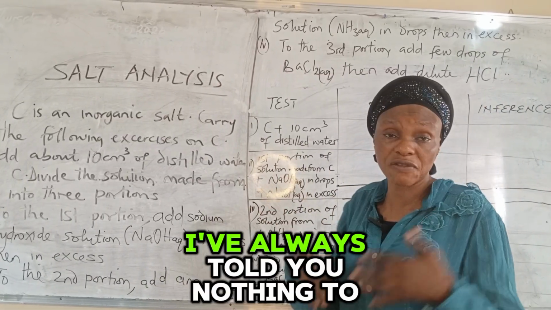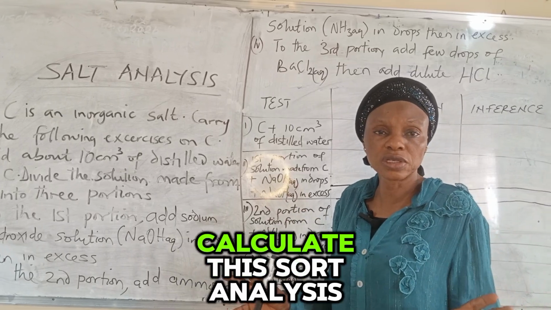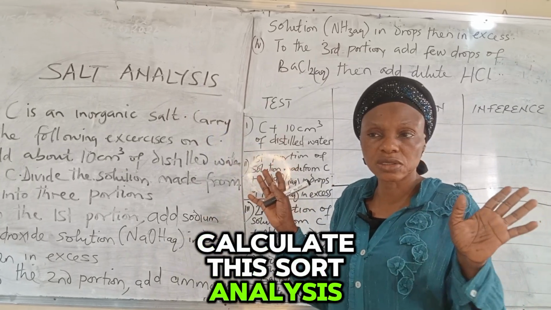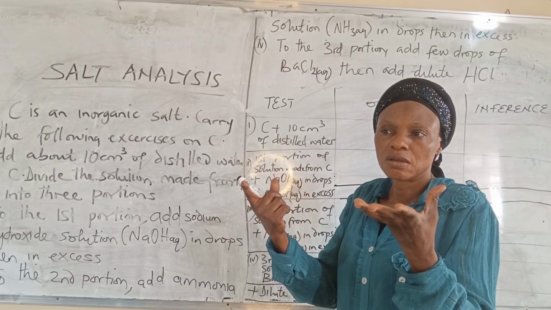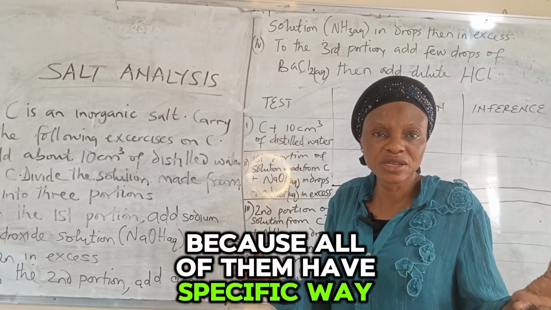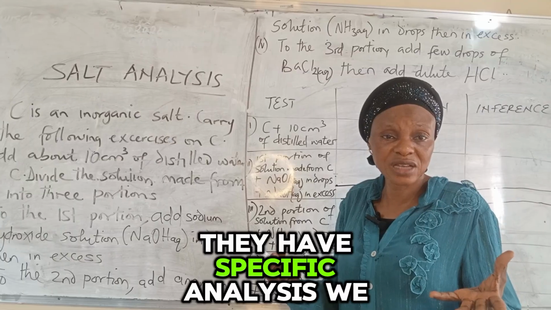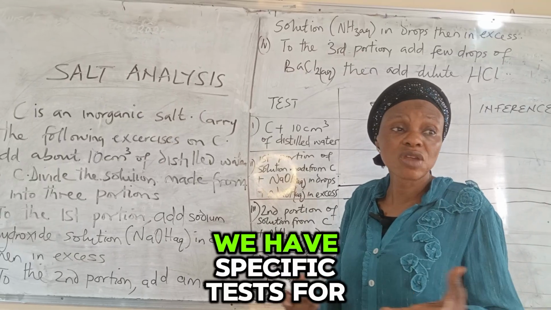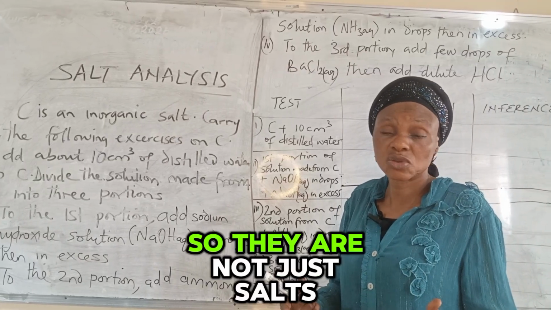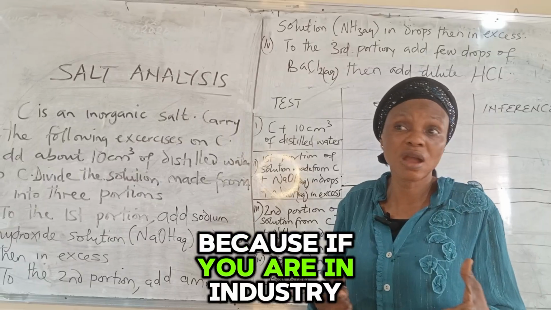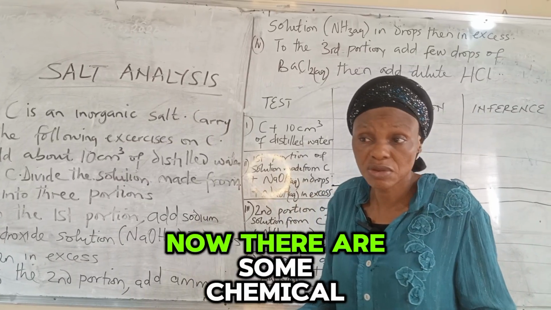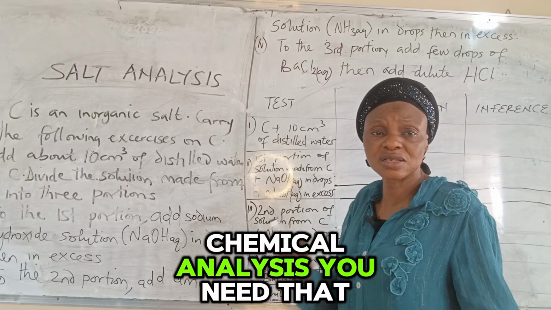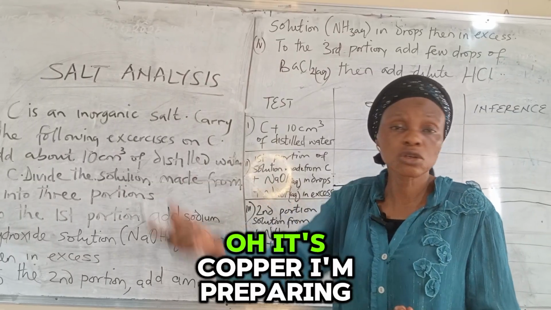In inorganic chemistry, I've always told you not to calculate this salt analysis. You just want to know what the examiner has given you, because all of them have a specific way they behave. They have specific analysis we need to do on them. We have specific tests for them. So they are not just salts, because if you are in industry, if you want to prepare copper 2 sulfate, there are some chemical tests, chemical analysis you need that will make you know that it's copper I'm preparing.